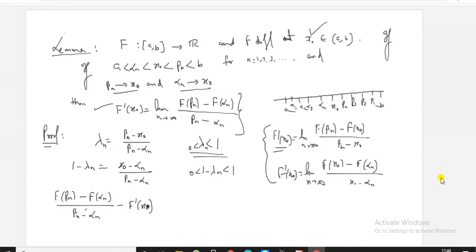So let us find the estimate of the difference between these two, and we'll show that it's less than epsilon whenever n is bigger than some N, and therefore the limit of this sequence will converge to f dash x0.